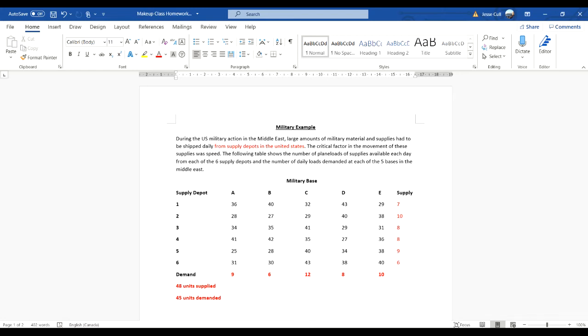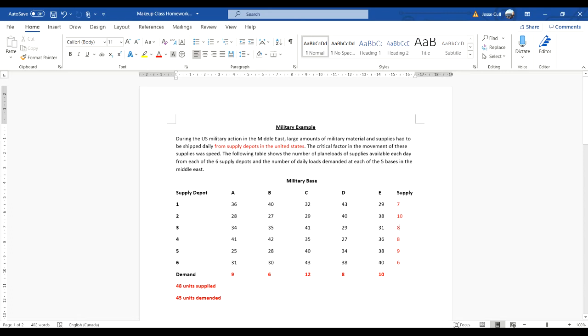So in this situation, let's count up our supply. Here we see supply is 7, 17, 25, 33, 42, 48. We see 48 units are supplied. So we wrote that down here, 48 units supplied.